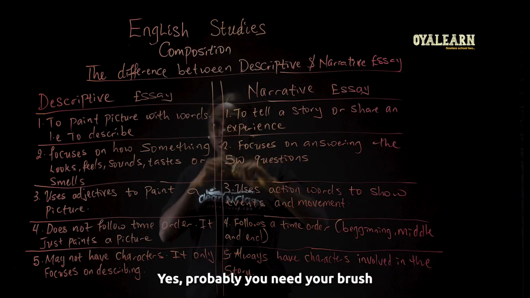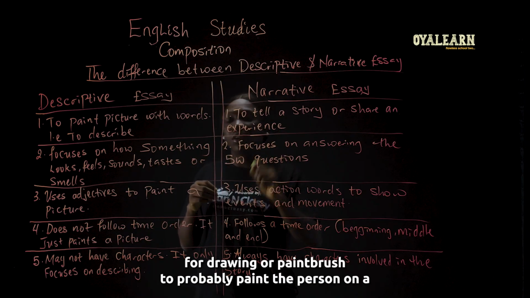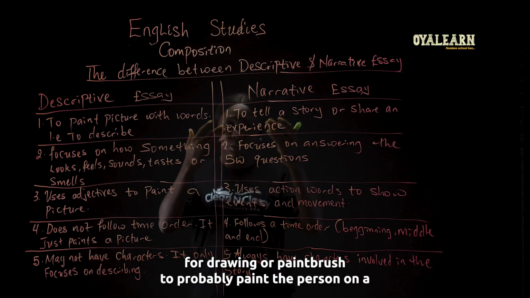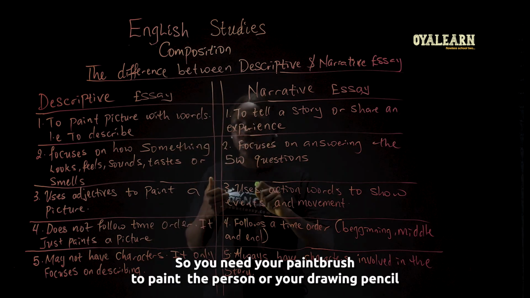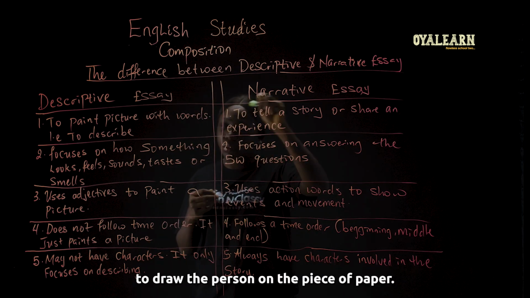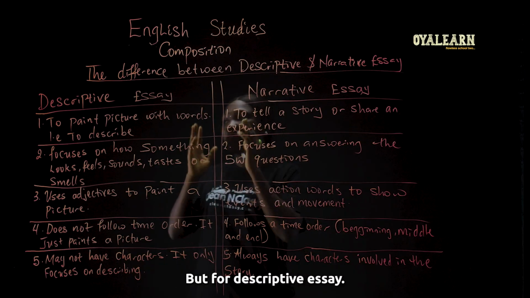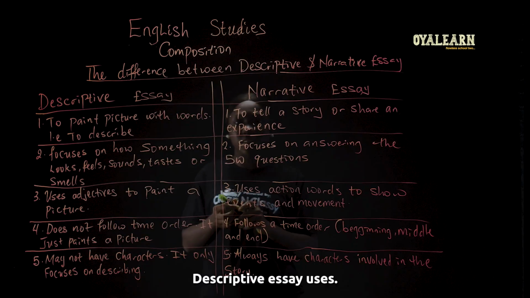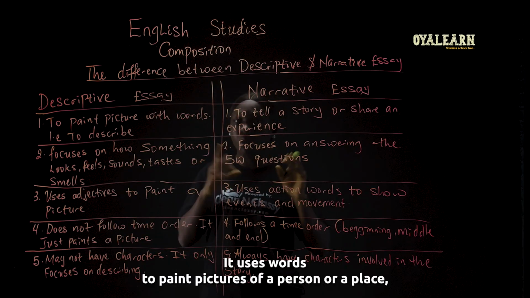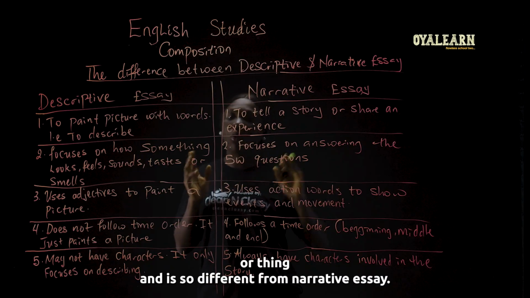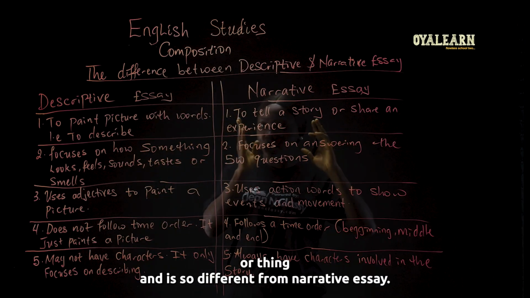Probably you need your brush to paint the person on a piece of paper, or your drawing pencil to draw the person. But descriptive essay uses words to paint pictures of a person or a place or thing, and it's so different from narrative essay.